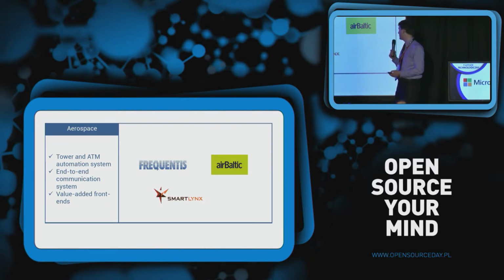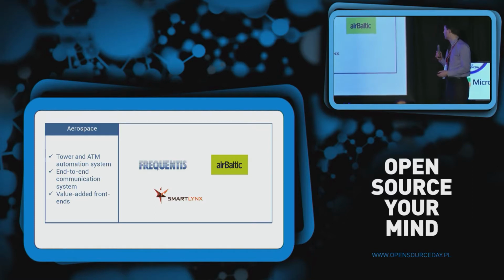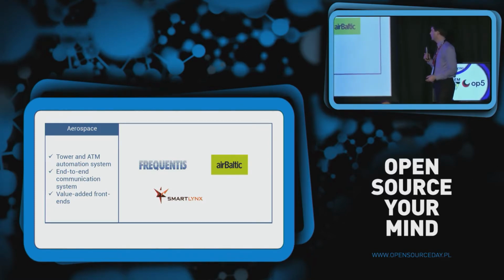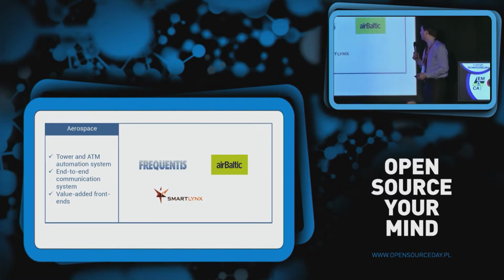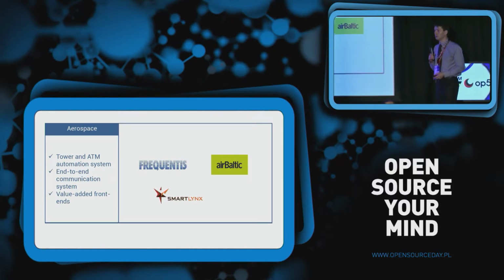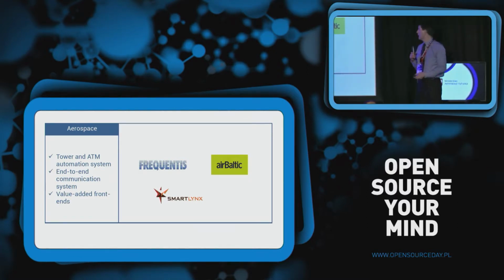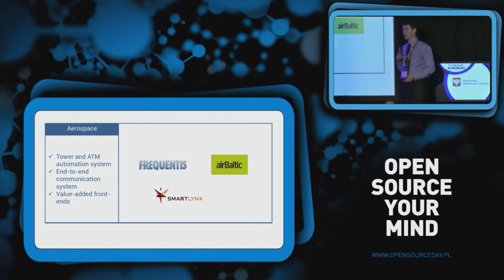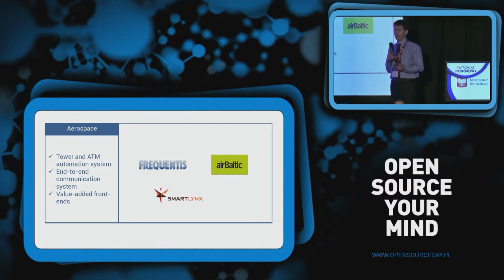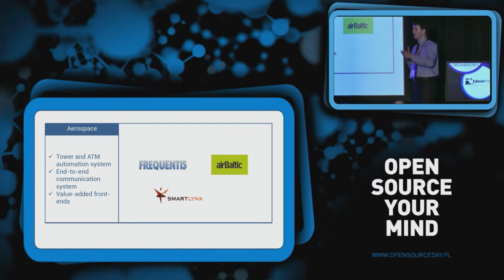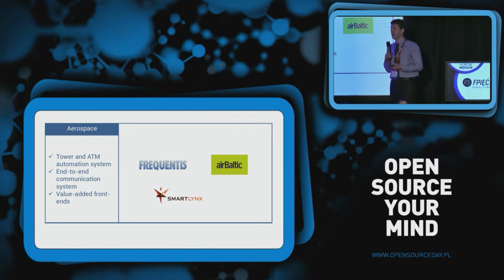In the aerospace industry, we have interesting customers like Air Baltic. This is the national flag carrier in Latvia that uses Zabbix to monitor its IT infrastructure. And Frequentis, a company from Austria, is a provider of solutions for towers used in airports. In an airport, you see the tower, and the tower is a very complex structure, a very complex platform of hardware and software.